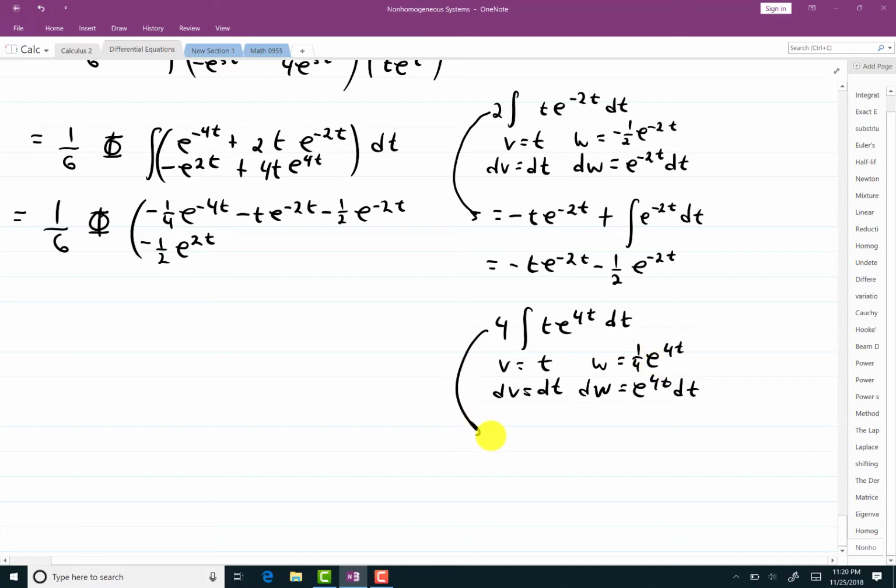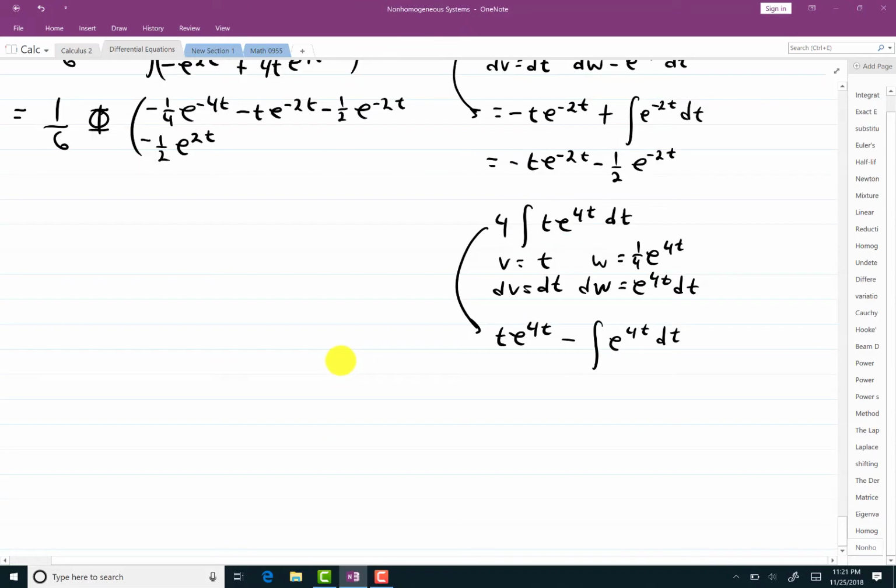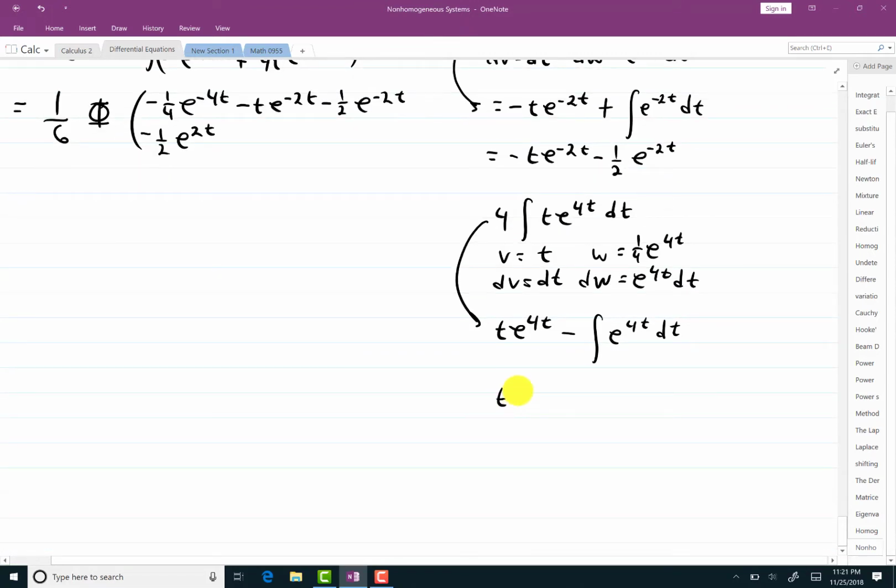So this integral, I'll have 1/4 t e to the 4t, but the 4 will squash the 1/4, so I'll get t e to the 4t. Then you have to do minus 1/4 e to the 4t, but the 4 squashed that again. And so we get t e to the 4t minus 1/4 e to the 4t.